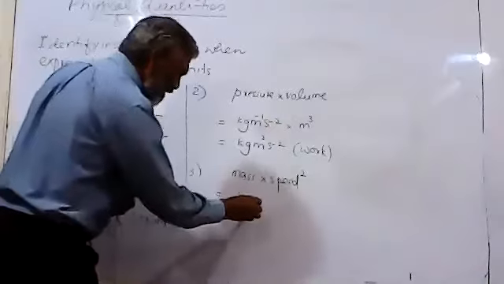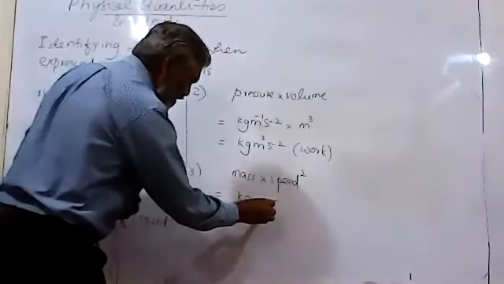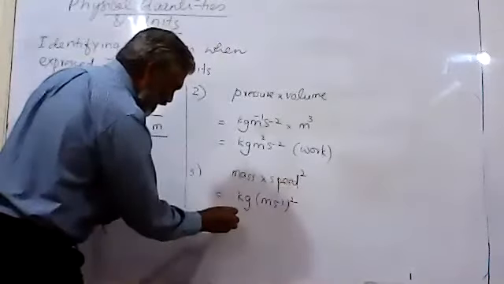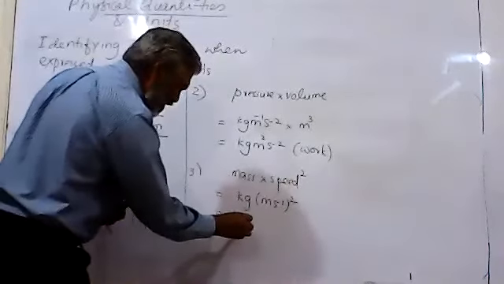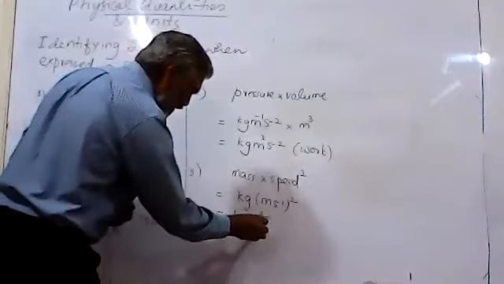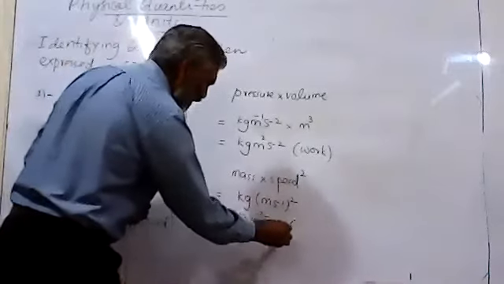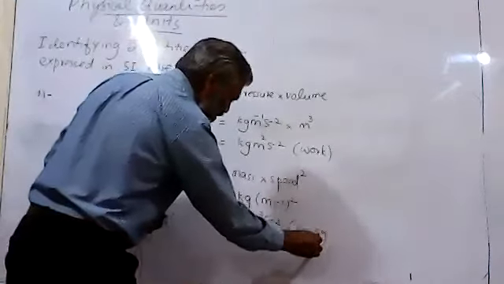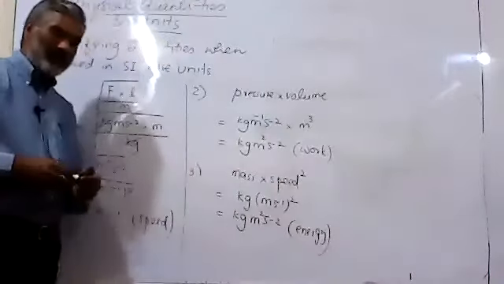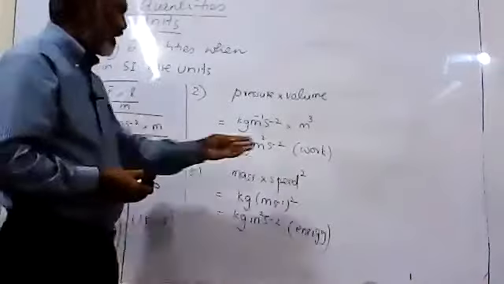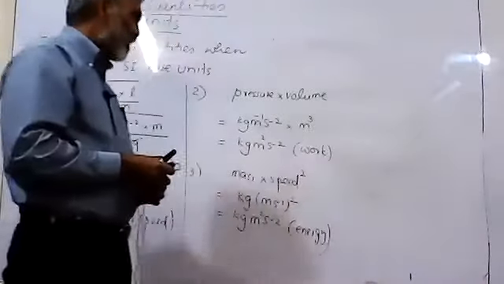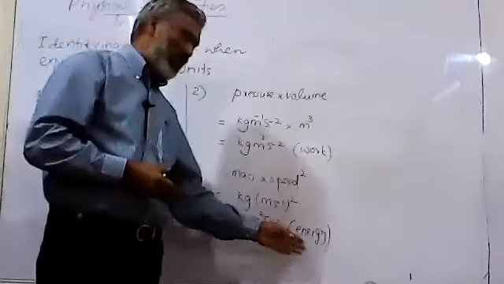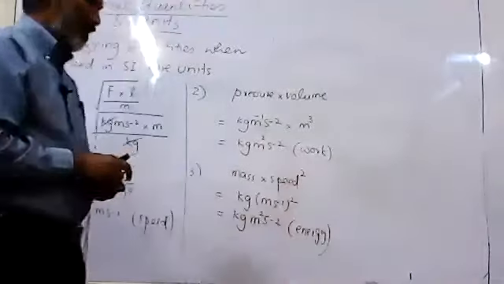This is kilogram, this is meter, s minus 1 whole square, and when I further simplify, this is kilogram meter square s minus 2. This is again work or energy. Let me remind you that work and energy have the same units. If you write energy here and work here, it is acceptable.